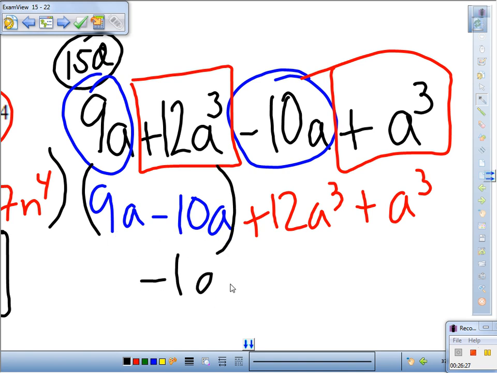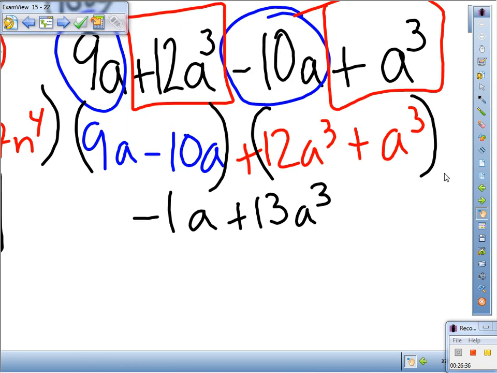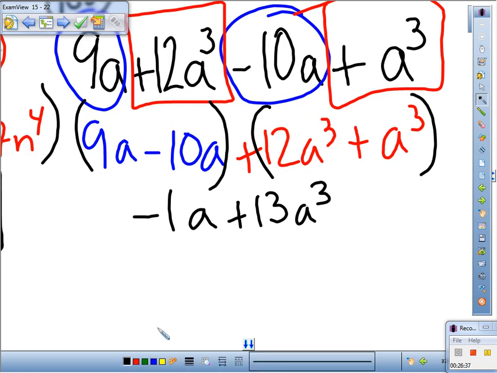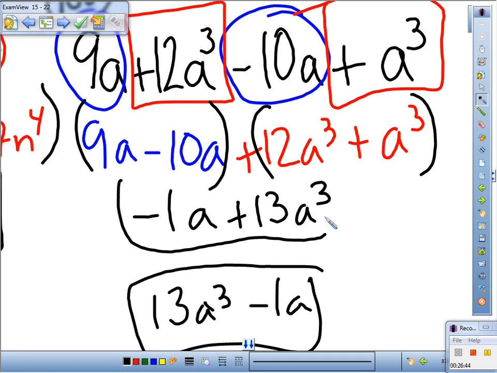Negative 1A. What is 12 plus 1? 13A cubed. And those of you that went the extra step could have written it as 13A cubed minus 1A. But for right now, I'll take this one. That's fine. Hands up if you got that. Okay, good. Let's move on.